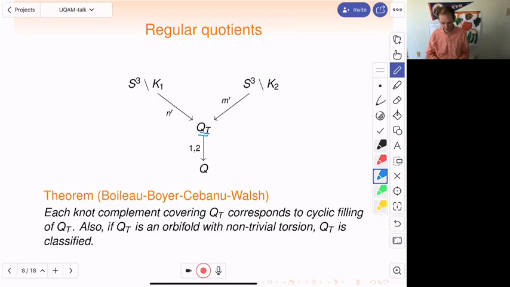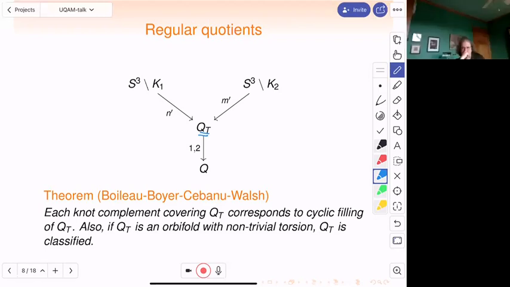And then more than that, if we assume that QT is an orbifold with non-trivial torsion, and we have two knot complements covering it, then those QT are completely classified. So they fit into this family of knot complements in the solid torus that have a second solid torus filling.